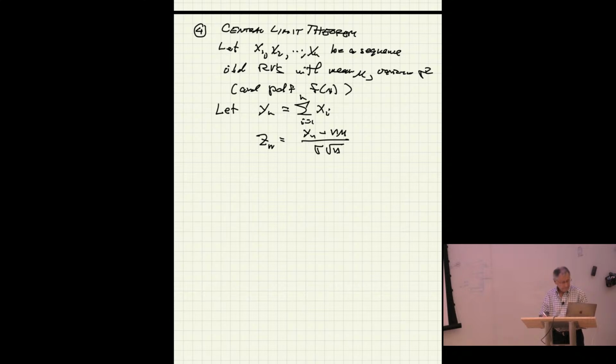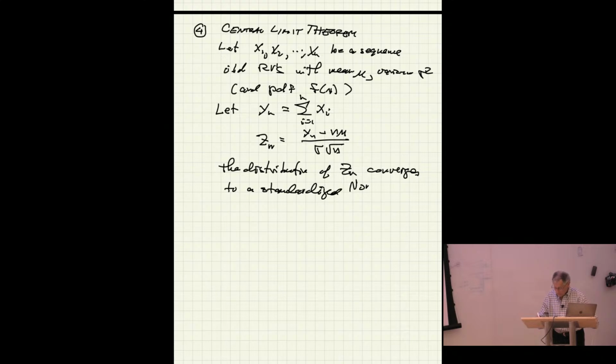And it says, the distribution of zn converges to a standardized normal distribution, namely with basically zero mean and unit variance.